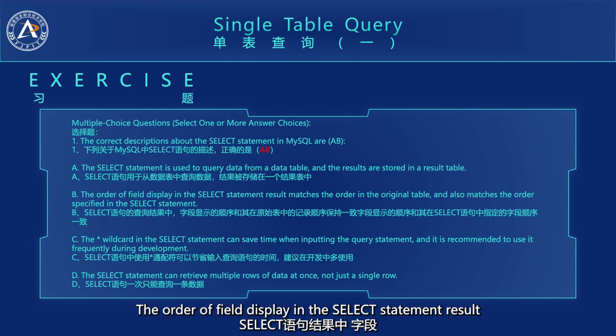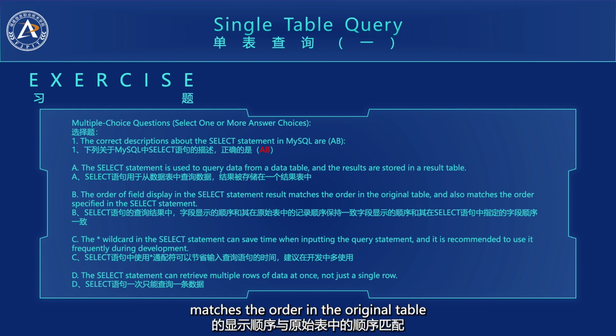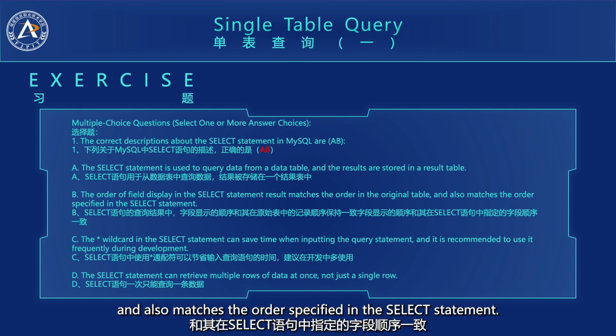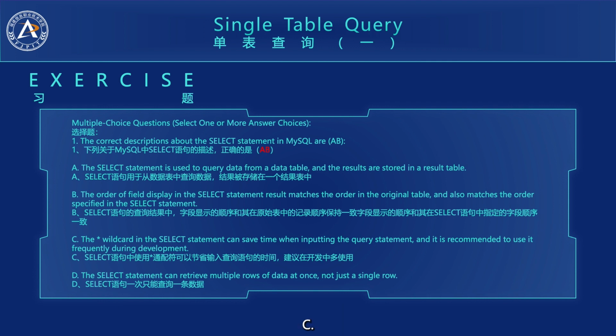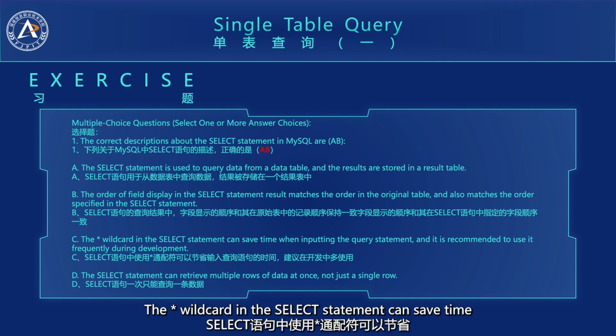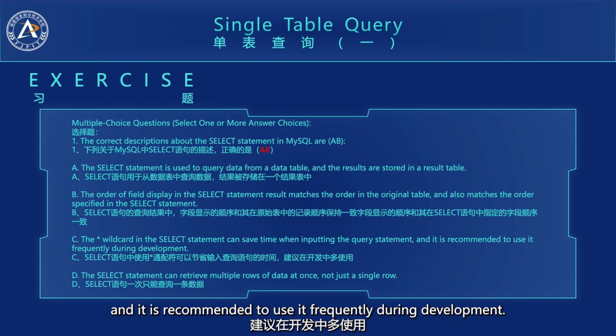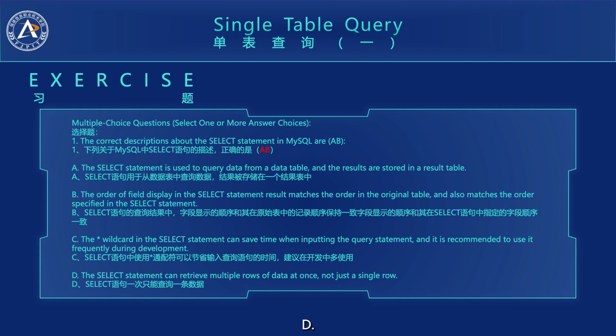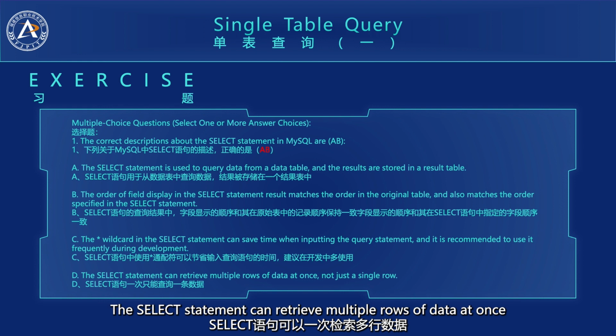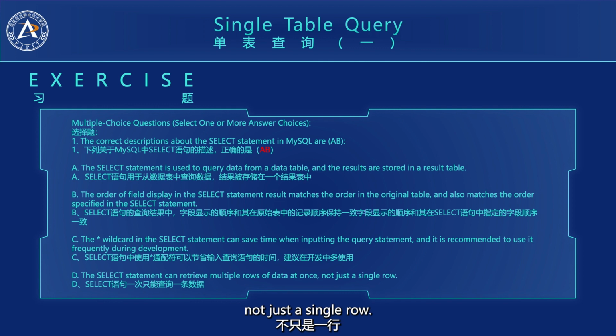B. The order of field display in the select statement result matches the order in the original table, and also matches the order specified in the select statement. C. The * wildcard in the select statement can save time when inputting the query statement, and it is recommended to use it frequently during development. D. The select statement can retrieve multiple rows of data at once, not just a single row.